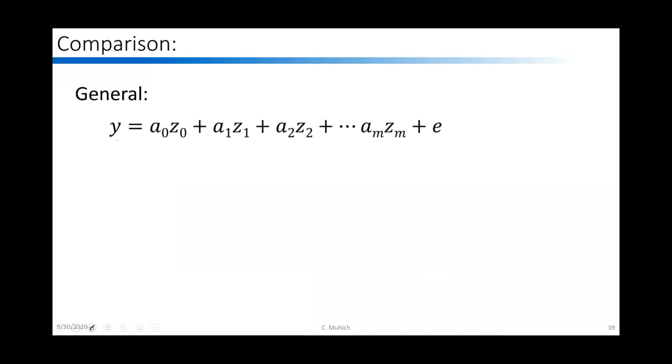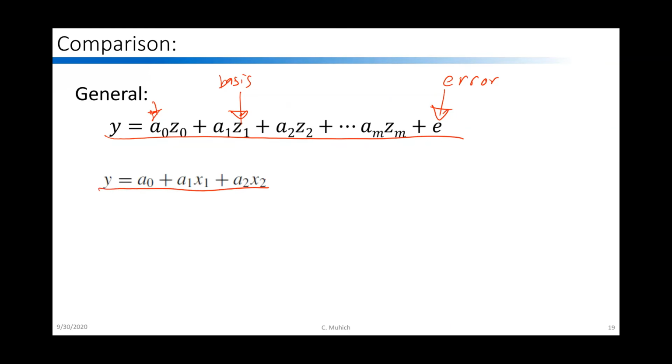So once again, here's our general linear fit. We have our coefficients, our a's, we have our basis functions, and then we have the error. If we look at a few examples, we have y equals a0 plus a1 x1 plus a2 x2.